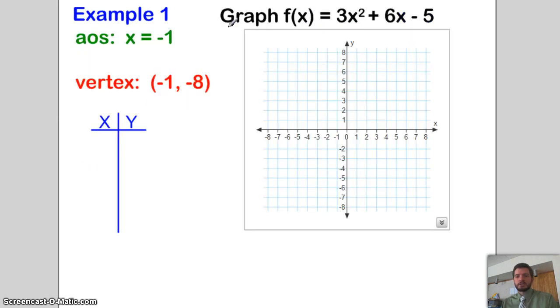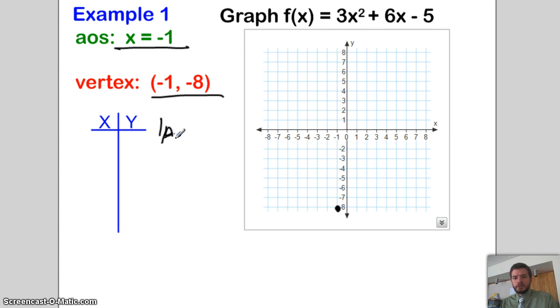So we're going to graph that exact same one. It looks different, but I've already filled in our information here. So I'm going to go to our vertex, which is negative 1 comma negative 8. And I know that my axis of symmetry is here, so I'm going to fill in the axis of symmetry later. My 1a, a in this case is 3.